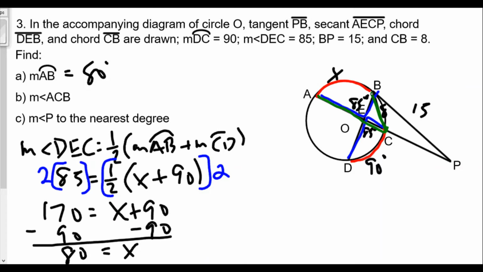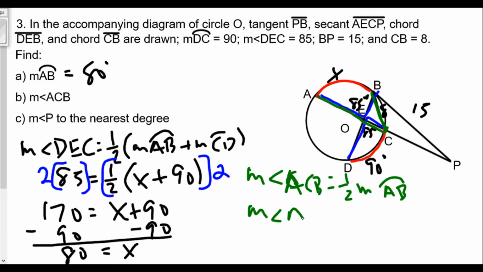Therefore, the measure of an inscribed angle is equal to 1/2 the measure of the arc intercepted, and that would be the one we just found, arc AB. So the measure of angle ACB equals 1/2 of 80 degrees, which is 40 degrees. And that's how we find part B.